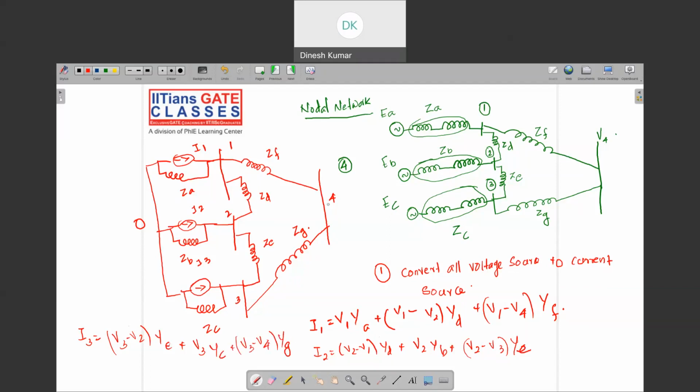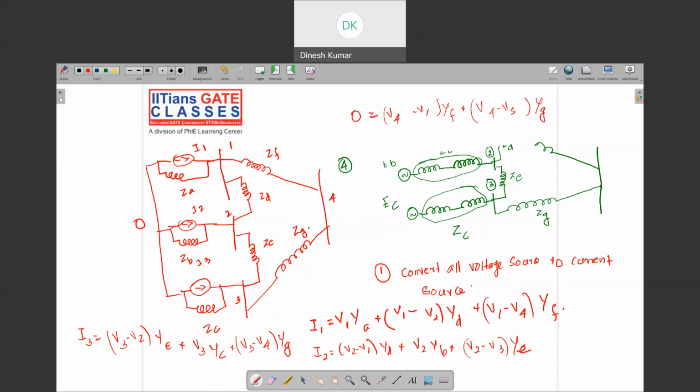Now, if you check this one, there is no current source, right? So we can write 0 equal to V4 minus V1 into YF plus V4 minus V3 into YG, right? So what we get is a set of currents, and we can write this in matrix form.